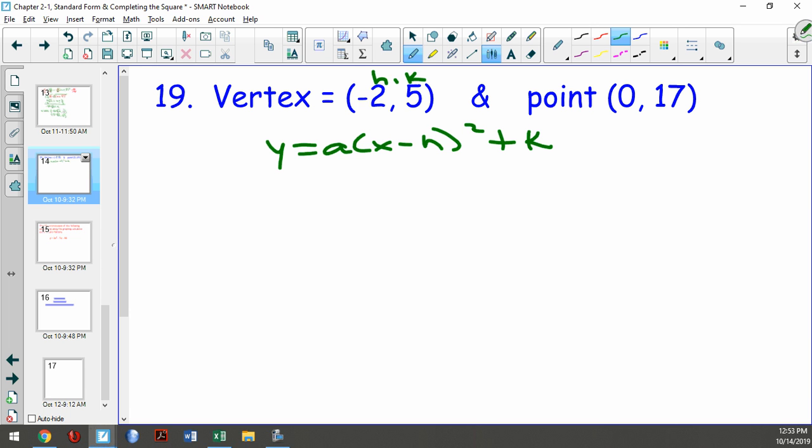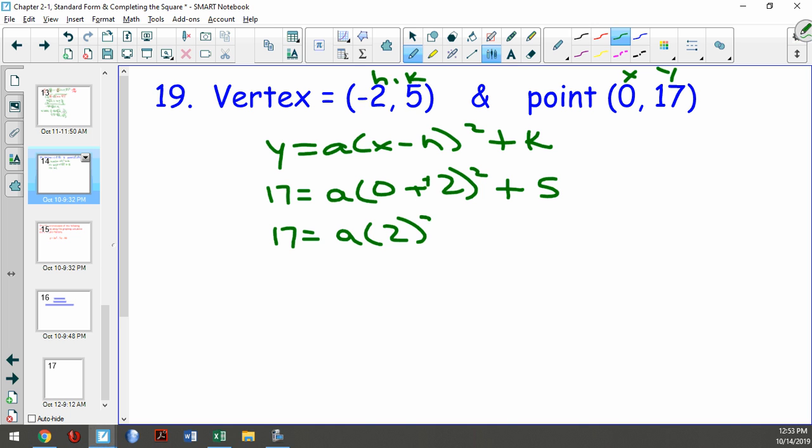Whenever I say point, that's what? XY. Do we understand that? So simply plug and chug into the formula. So y is 17, a I don't know, x is 0, minus the negative 2 squared, and k is 5. Minus the negative. So this is 17 is equal to a parenthesis 2 squared plus 5.